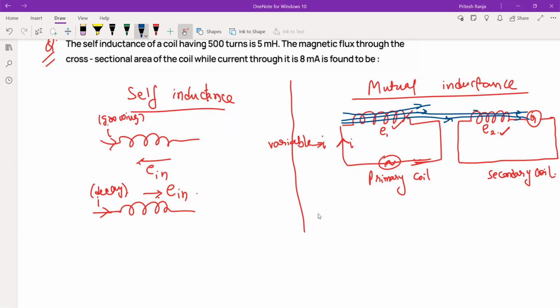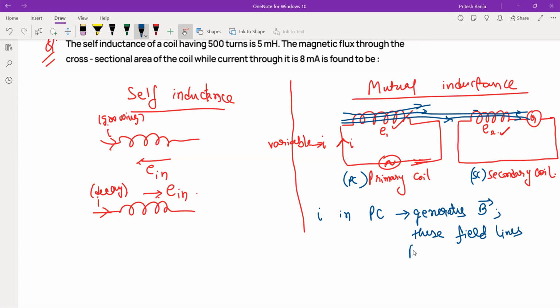I'll write PC for primary coil and SC for secondary coil. So the current I in the primary coil generates a magnetic field, and these field lines pass through the secondary coil.